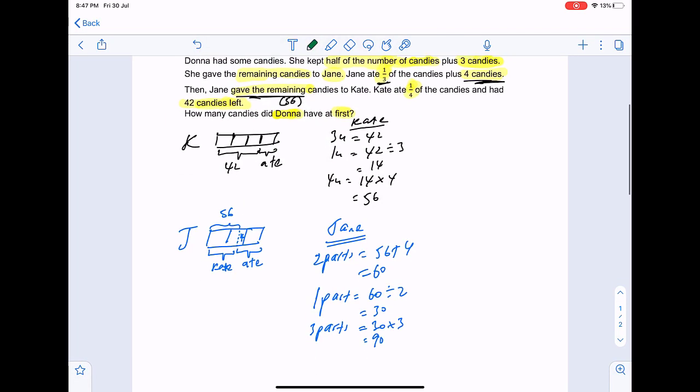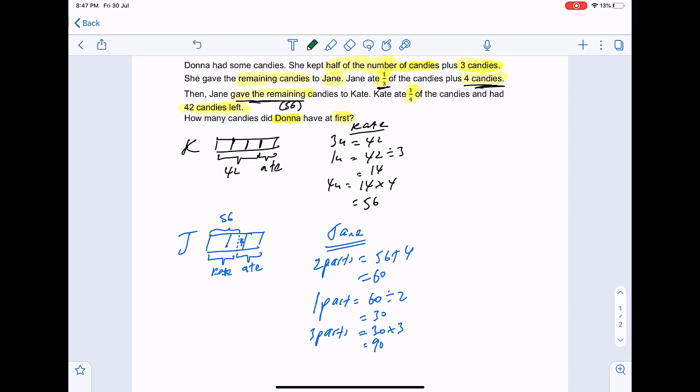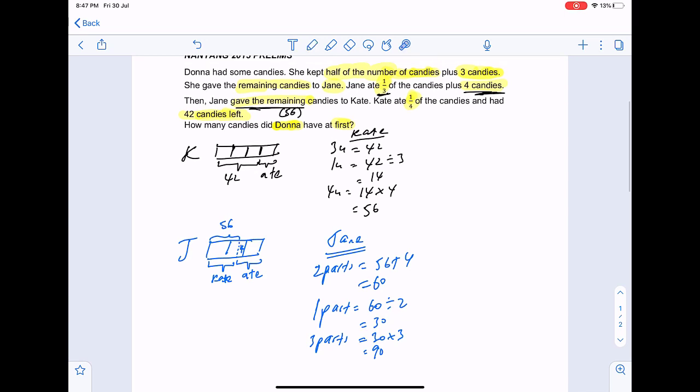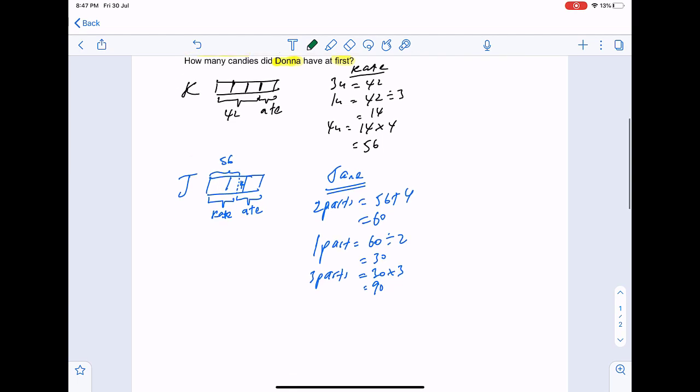So the last person we talk about is Donna. And that is the question basically, to find Donna's number of candies. Now, for Donna, she kept half of her candies plus another 3. And the remaining went to Jane. So remaining means what? 90. So 90 candies went to Jane. So for Donna, let's draw a model.